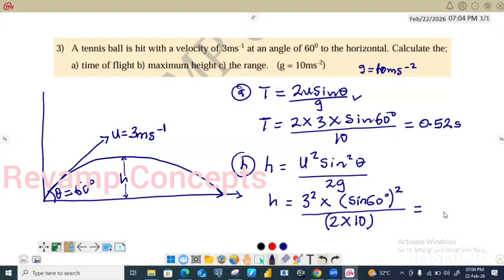we are going to have 0.866. Sine 60 squared, the final answer is supposed to be 0.34 meter.